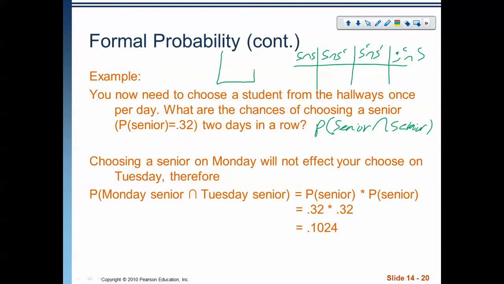So we've got 4 different outcomes, and the picture on this one is kind of boring because are any of these outcomes mutually exclusive? Can I pick a senior and a senior and not a senior at the same time? No, you can't. So this one is just 4 circles inside of our sample space because that's the only things that could happen, and there's no overlap between them. Okay. Next example.